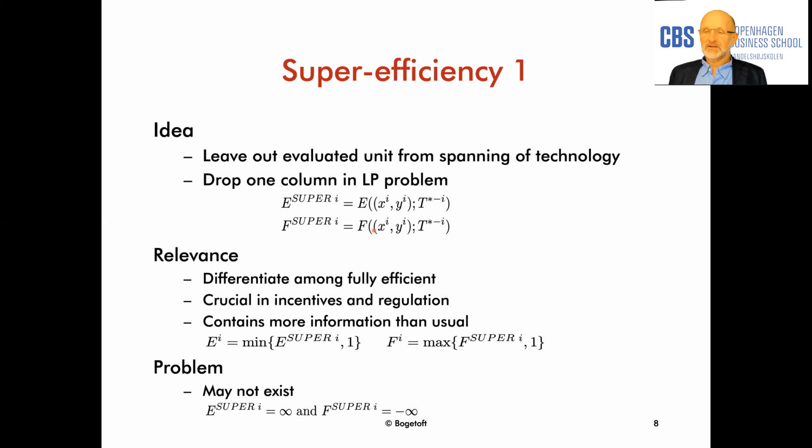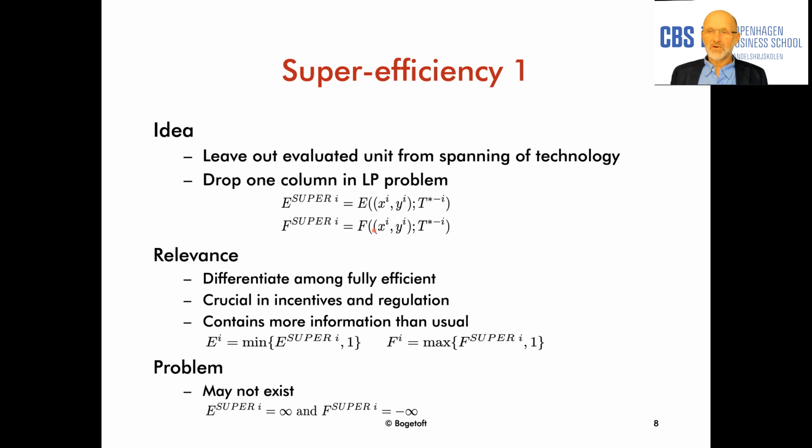Why is this relevant to try to measure efficiency like that instead? Well, one of the original proposals by Andersen and Petersen was actually that they wanted to differentiate among the fully efficient firms. When you do a DEA analysis, there will be a lot of firms sitting on the frontier, and maybe some of them could still be considered to be more efficient, or more productive, than other firms are.